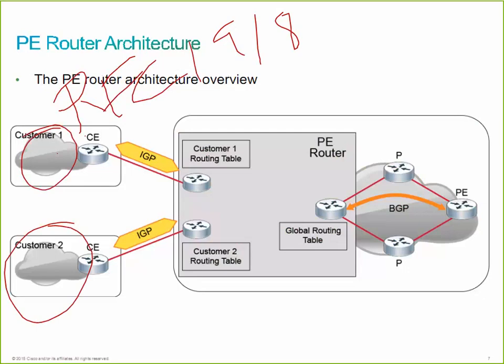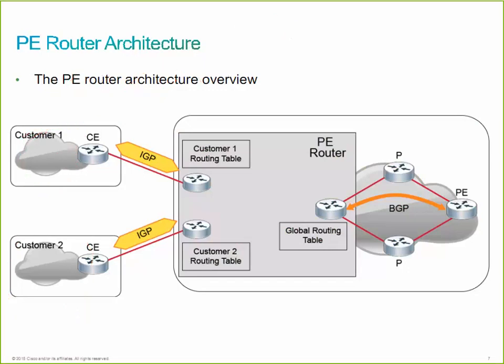Most people will implement private addressing inside their LAN. It's highly likely that those customers are actually utilizing the same address space, okay? So I can't simply exchange customer routes without having some way of distinguishing the difference from one customer to the other in the global routing table and in the provider edge and provider routing functions.